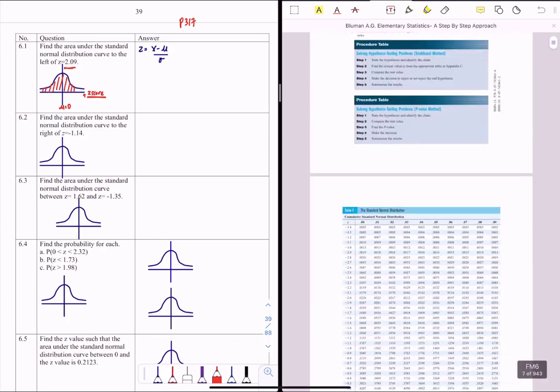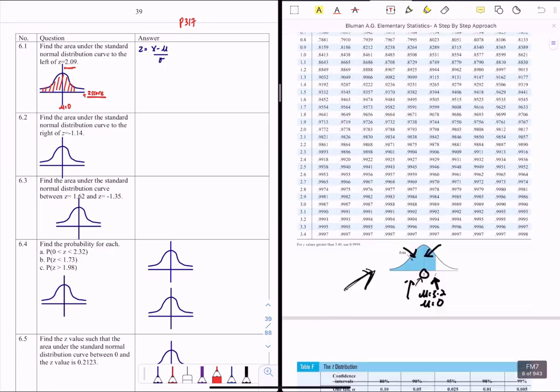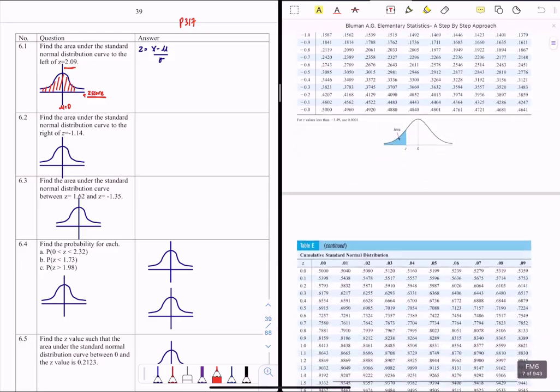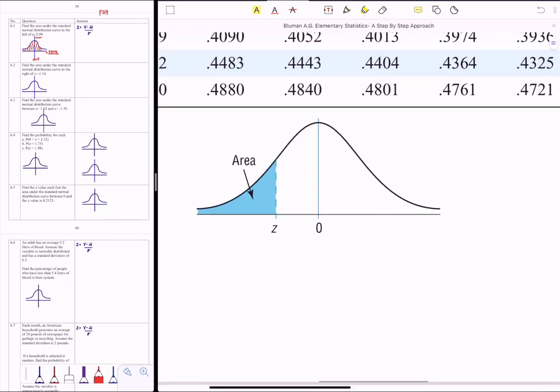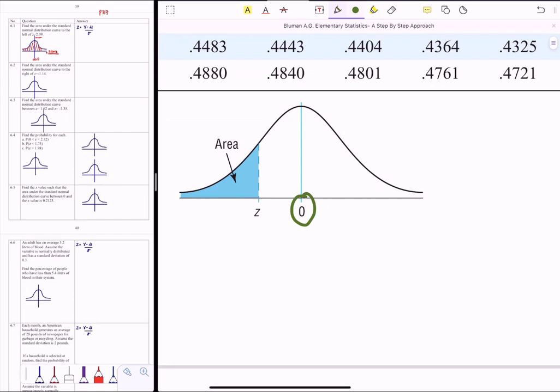Before this, you have heard about table B, right? But for this one, we need to use table E. If you look at the table, here we have the area. The middle here is 0. That means the mean is 0.